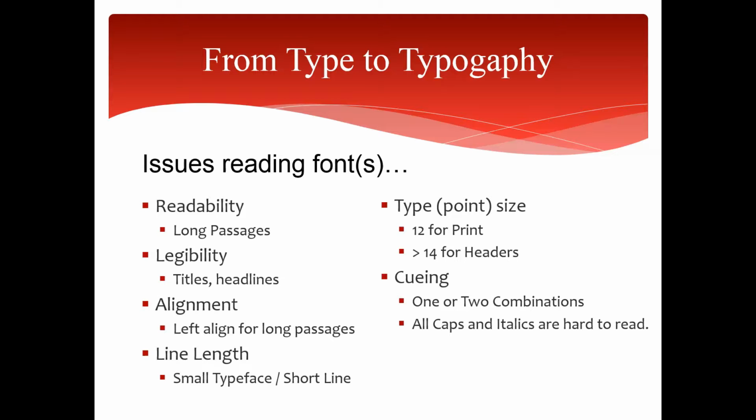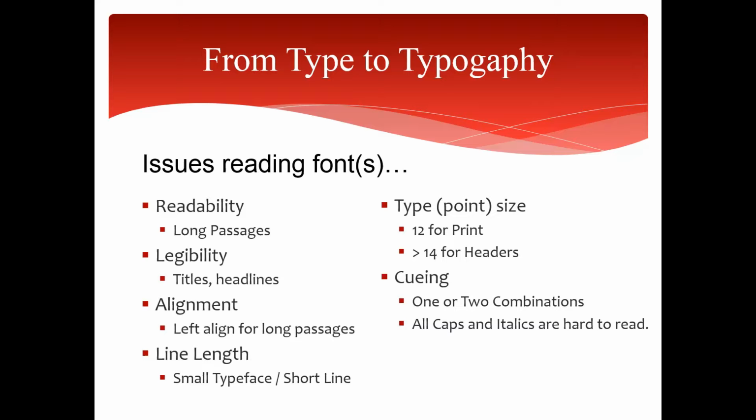So some of the issues in reading fonts, we want to think about readability and legibility. Readability is how easy it is on your eyes to read, especially long passages, and legibility is how easy it is to discern the letters and characters one from another. Alignment you use all the time in MS Word, so you're aligning to the left or to the right, or you're full aligning, but it's also when you're aligning top to bottom, like in a cell, or aligning to an image.